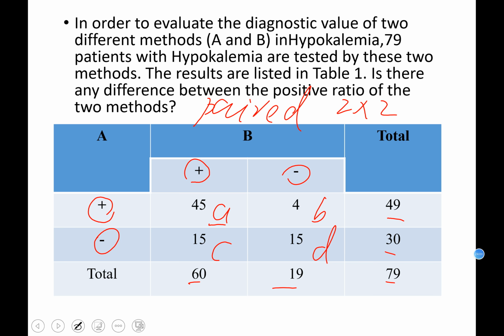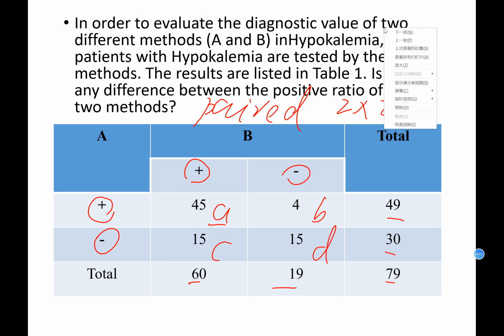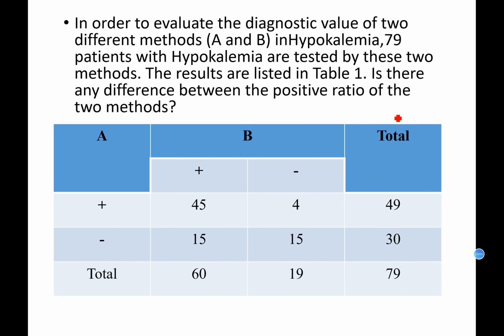Okay. So here we have all the numbers in the table. Next one. The question is, is there any difference between the positive ratio of the 2 methods? It's similar to the question in the first example, so we can still use the chi-square test, and we still use the general procedure of the hypothesis test.